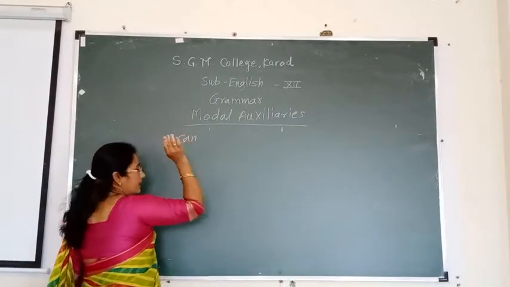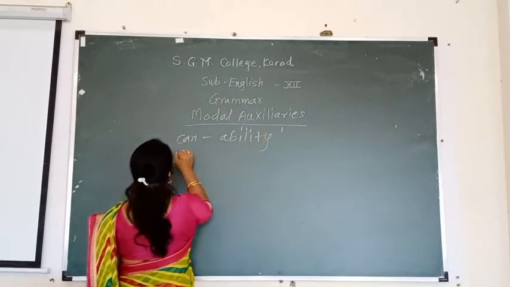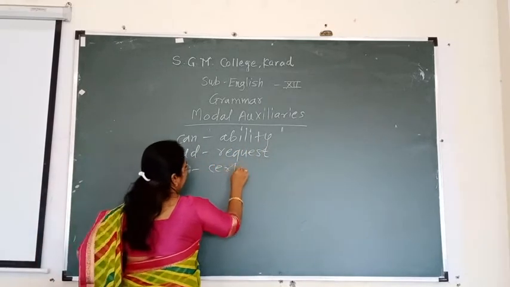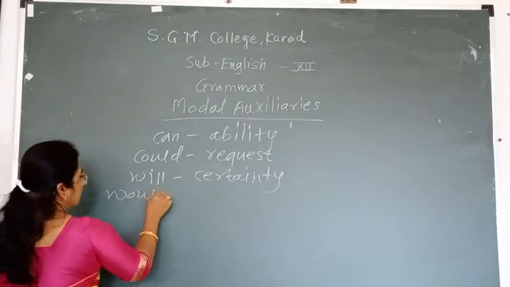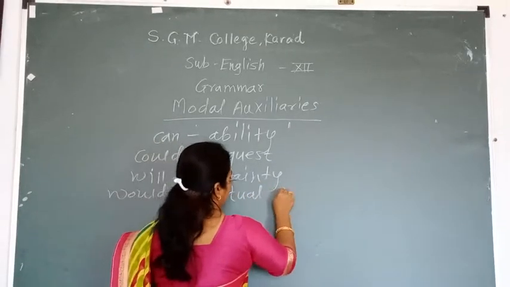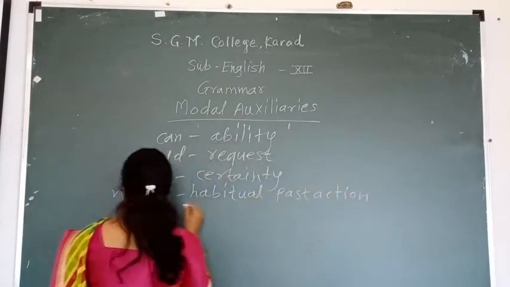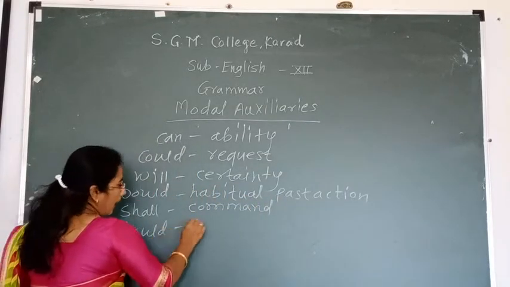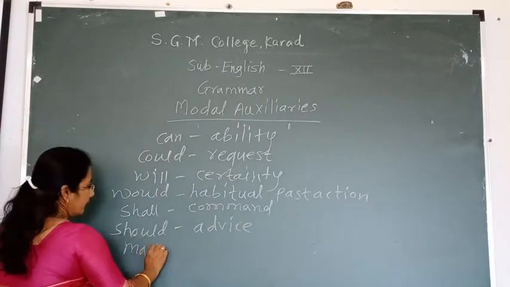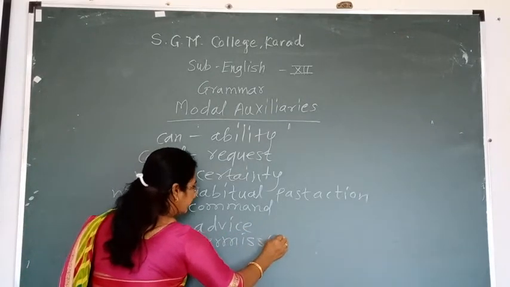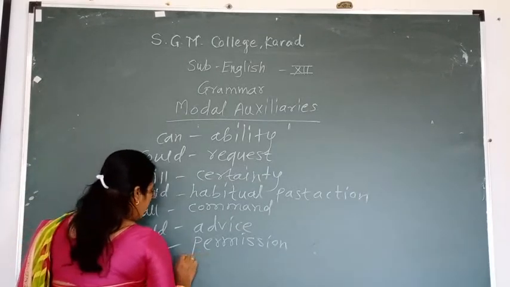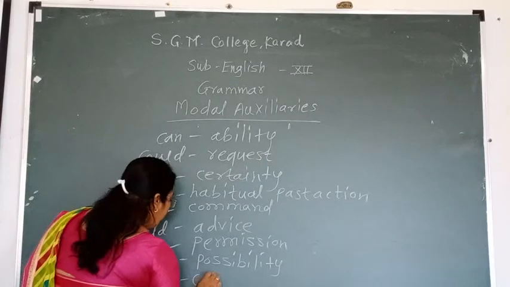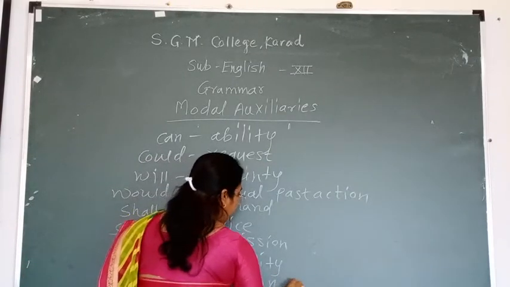So, can: ability; could: request; will: certainty; would: habitual past action; shall: command; should: advice; may: permission; might: possibility; and must: compulsion or obligation.